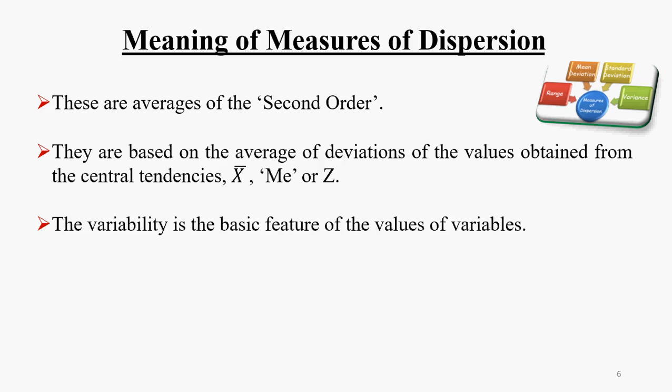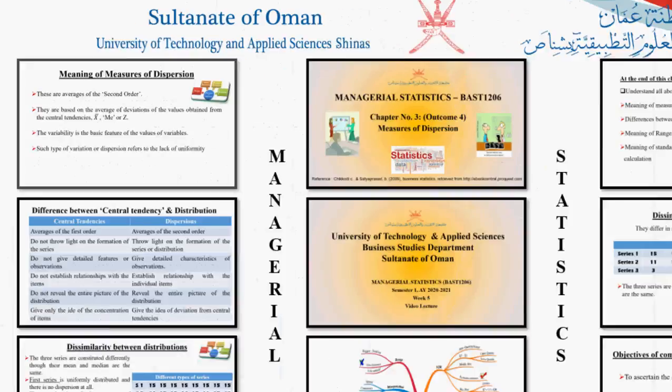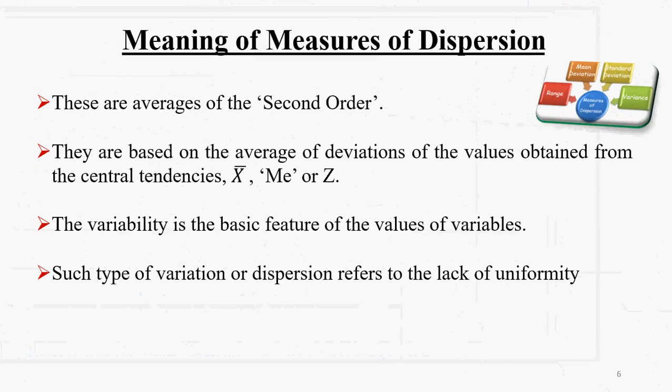The variability is the basic feature of the values of variables. Such type of variation or dispersion refers to lack of uniformity. So this is what we need to understand with regards to measures of dispersion.